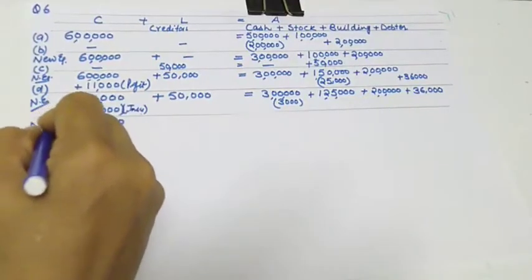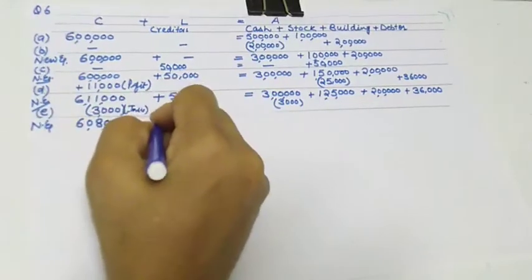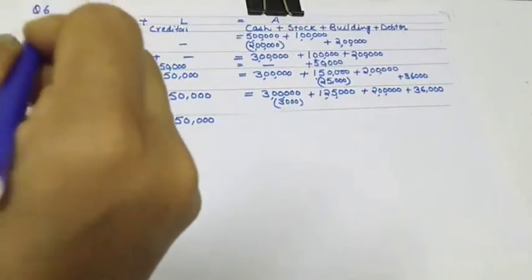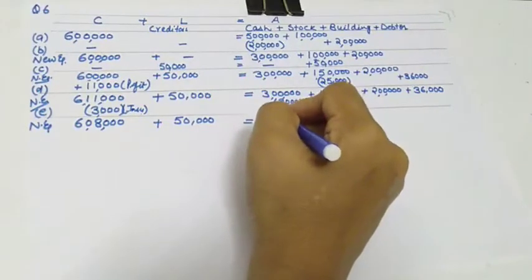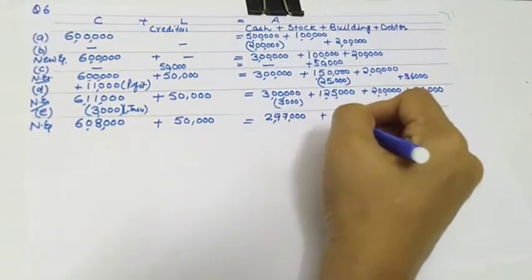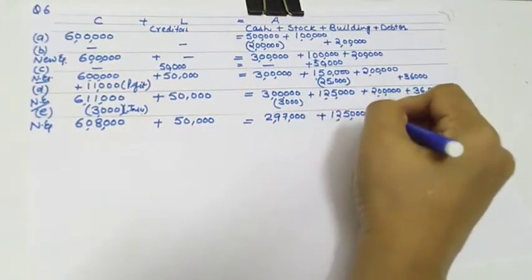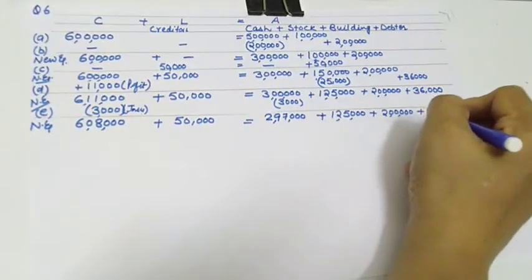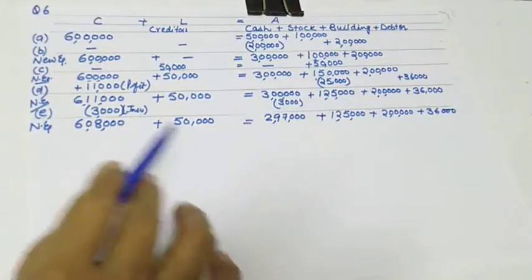This is new equation, and this was transaction number E, plus 50,000, creditors as it is equal to, this is your 2,97,000, 125 plus 2 lakhs plus 36,000. Here if you wish to check the equality, you can check.